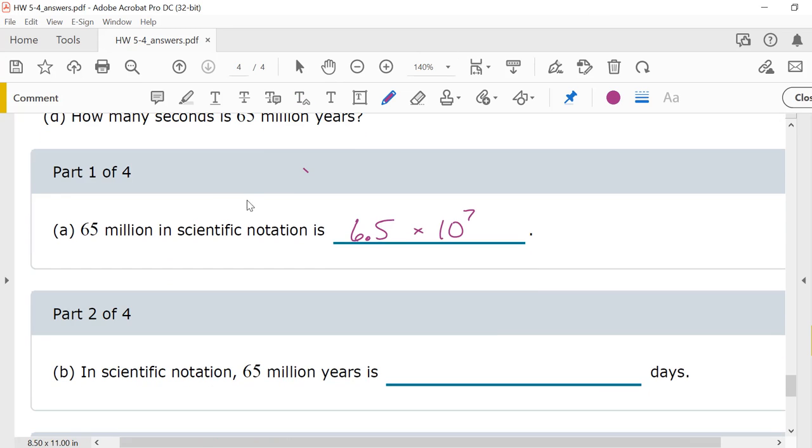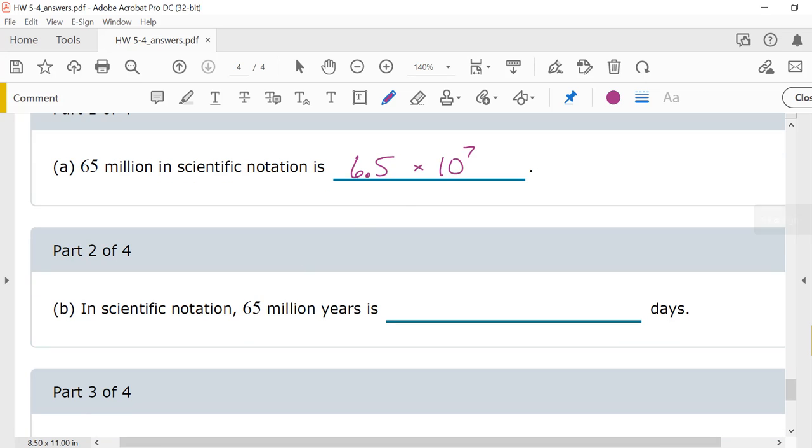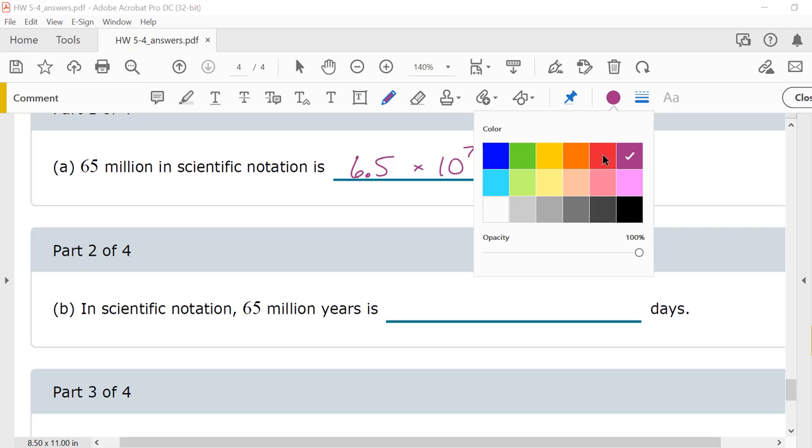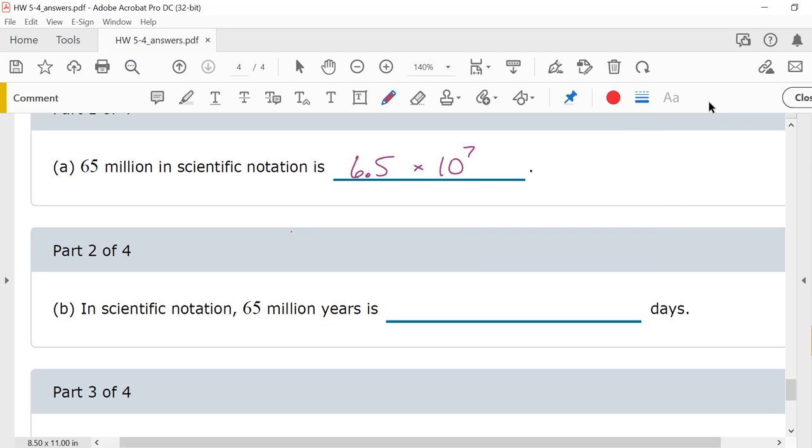Okay, 65 million years is how many days? To get the number of days, we have 6.5 times 10 to the 7th. That's how many years, and each year has 365 days.